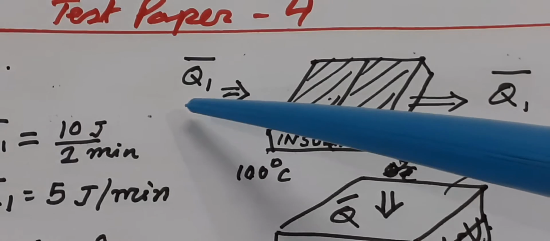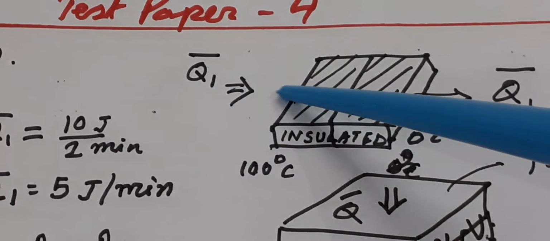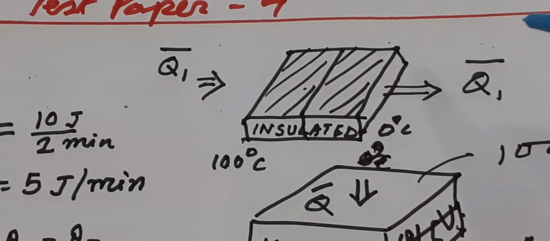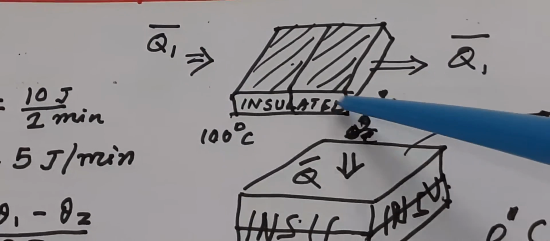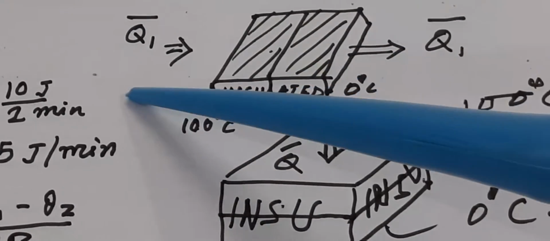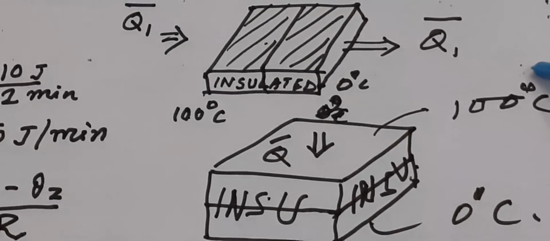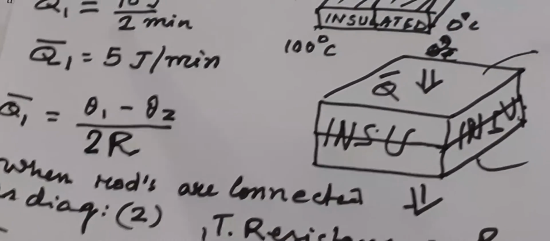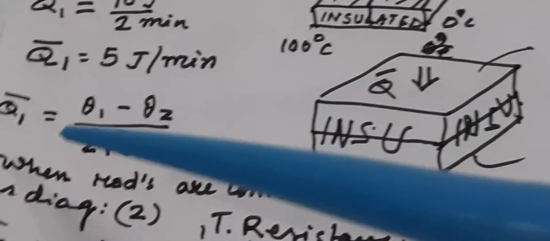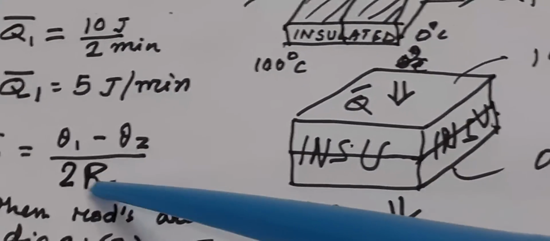Of course it has to be insulated, otherwise heat will flow in all directions. Now in one direction, say this direction, heat is flowing, that is Q bar is the rate of heat flow. One end is 0, the other end is 100 degrees Celsius. High temperature to low temperature will be the direction of flow. Now similarly for this diagram, we can write the temperature difference theta 1 minus theta 2 divided by total resistance, which will be 2R, because R plus R.